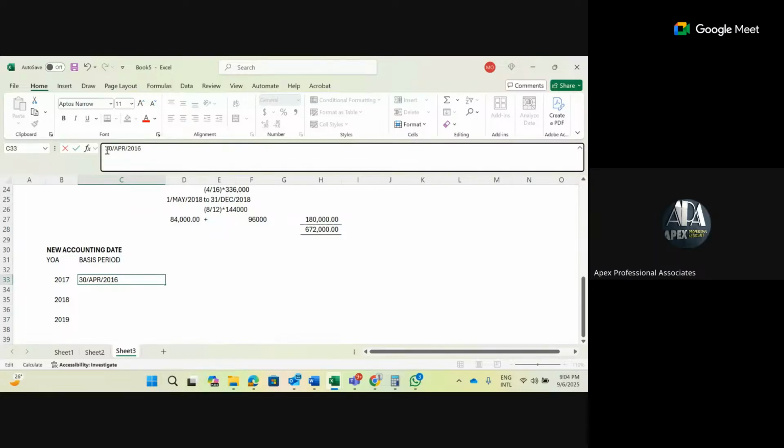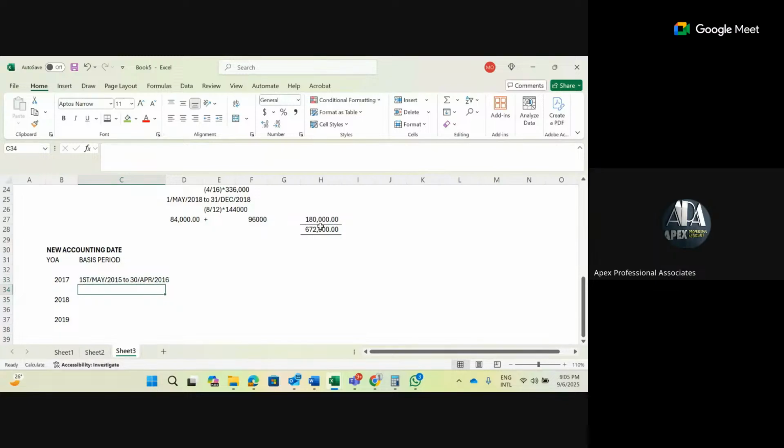Once you have the year end, work back to arrive at the beginning. That one is going to be from 1st of May 2015 to 30th of April 2016. That is the first year.